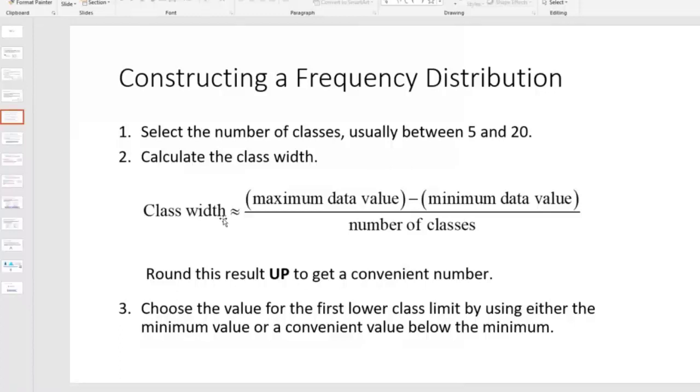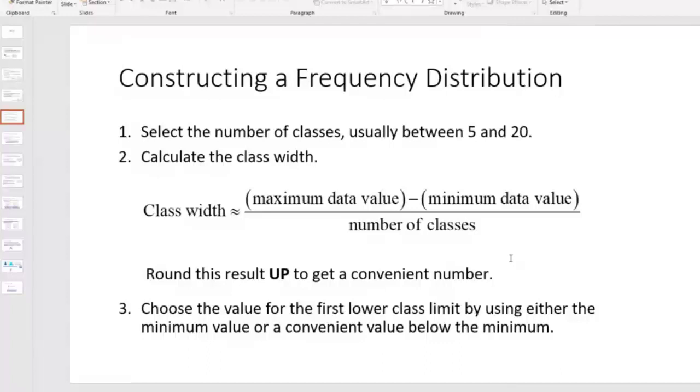Those sorts of numbers are typically the types of numbers that we use for class width. So it would be just awkward to have a class width of like 13. Nobody counts by 13s. They could count by 10s, possibly 15s. But we're just wanting this to get rounded up to a convenient number. So the high minus the low divided by the number of classes, and then rounded up to a convenient number.